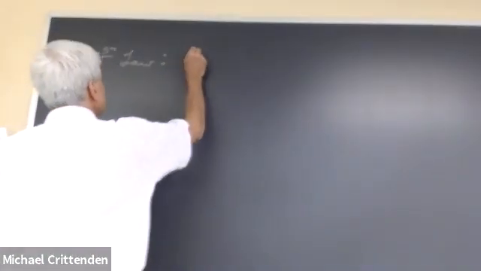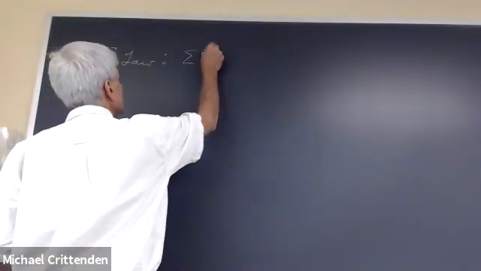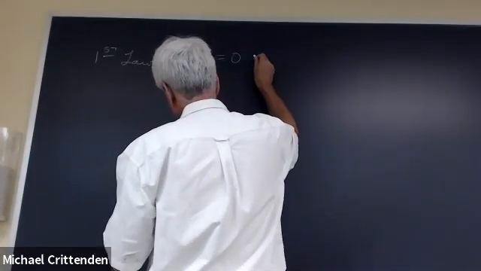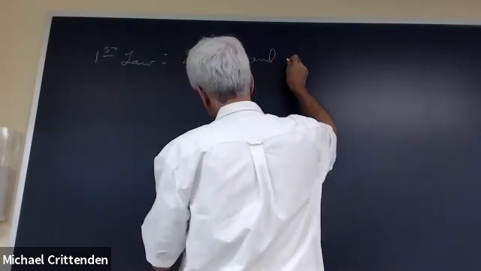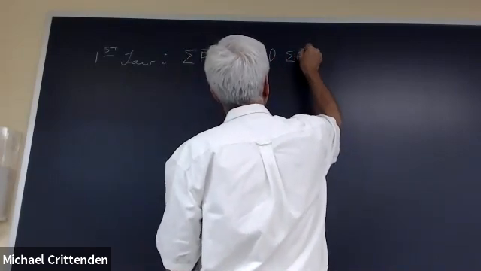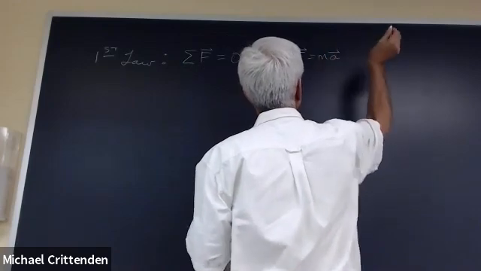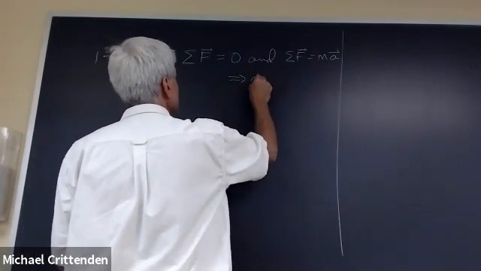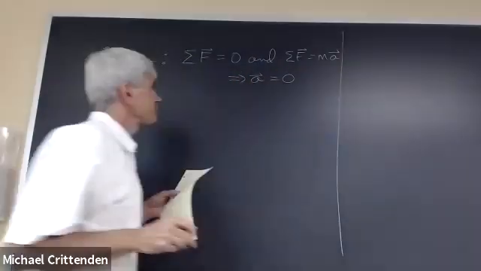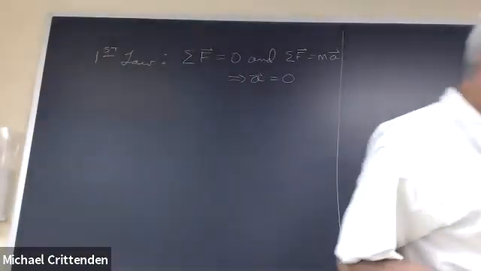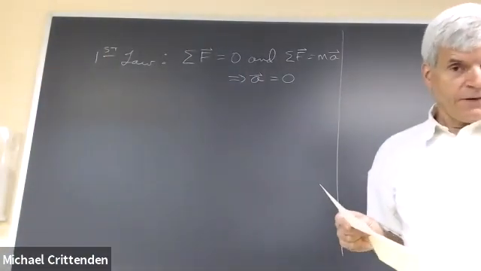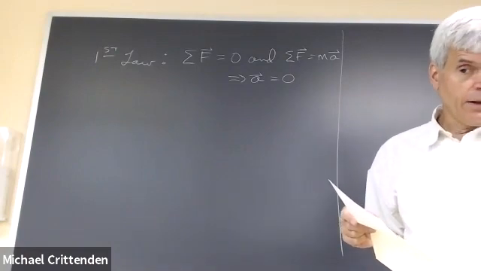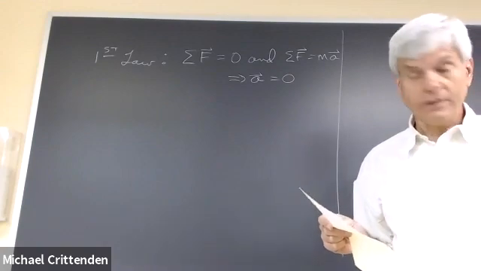So if the summation of the forces is 0, if F is equal to ma, and if F is equal to 0, then a is equal to 0, okay?